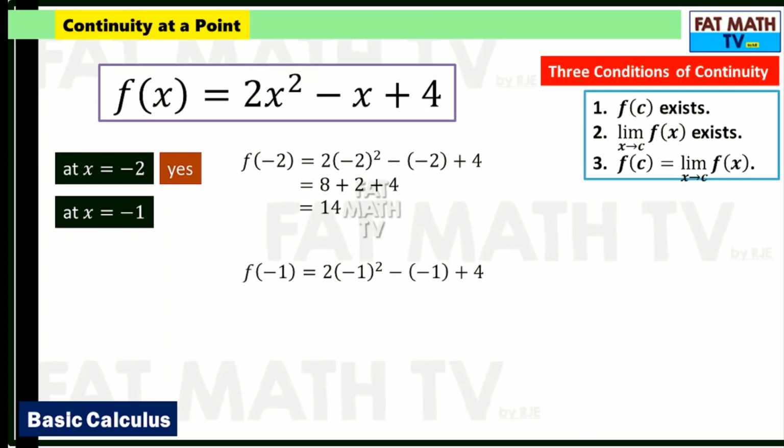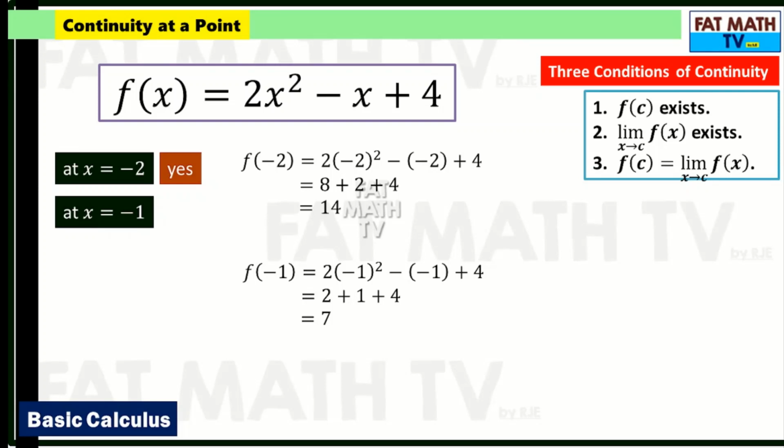So solve for f of c, that's f of -1. So 2 times -1 squared minus -1 plus 4. So -1 squared is 1 times 2 is 2. Minus -1 is 1 and copy plus 4. So 2 plus 1 plus 4 is 7. So f of -1 is equal to 7. So it exists.